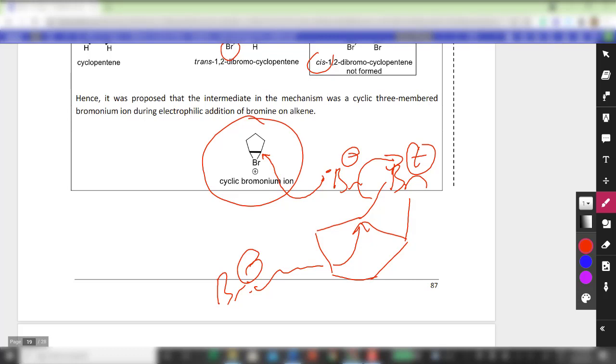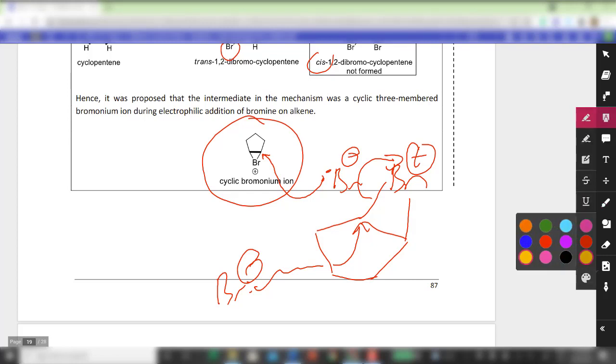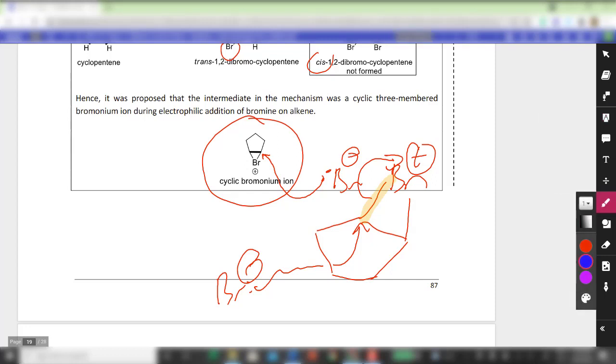As you're going to learn in chapter 13 on halogen derivatives, this is some form of a nucleophilic substitution reaction. Nucleophilic substitution usually occurs from the rear of the C-halogen bond. In this case, this is the C-halogen bond, and this is the carbon, and this is the rear of the carbon.